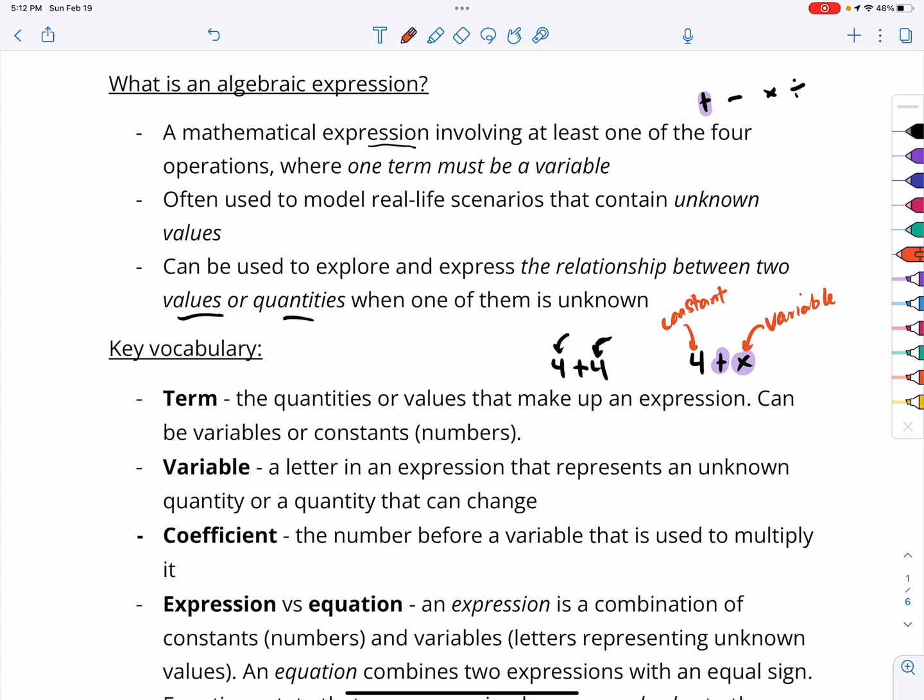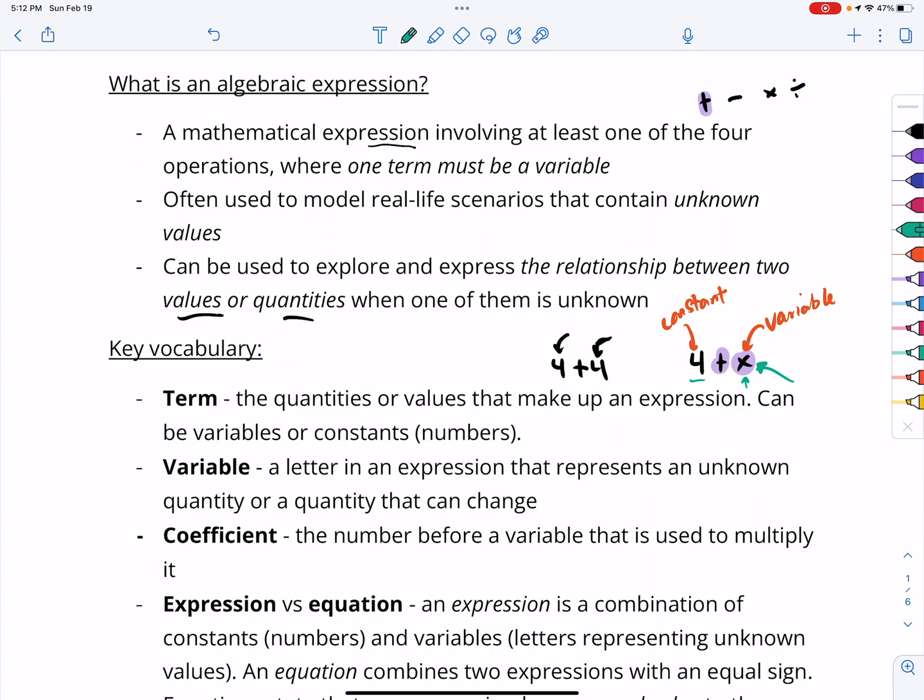So a variable is a letter in an expression that represents an unknown quantity or a quantity that can change. So depending on the problem that you're solving, the value of x could change. Where if it's something like Mr. Plaska had 4 cookies and then he got 2 more, the value of x would be 2. Or I could get 6 more or 10 more.